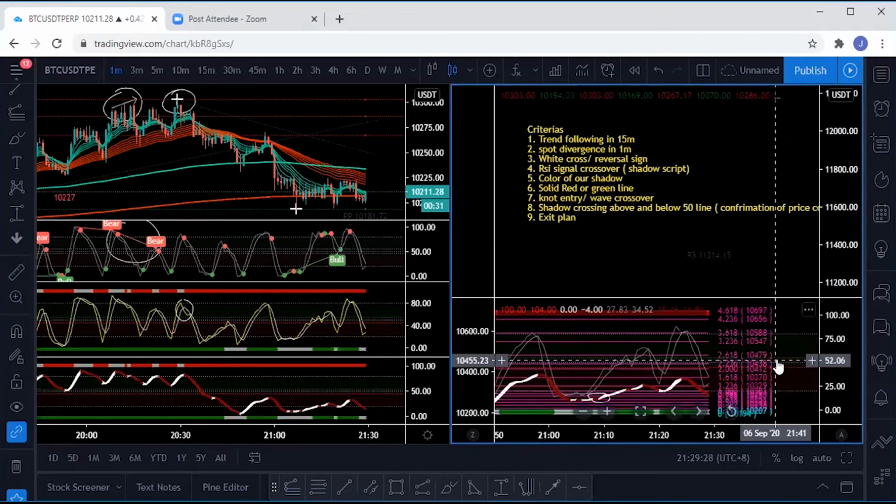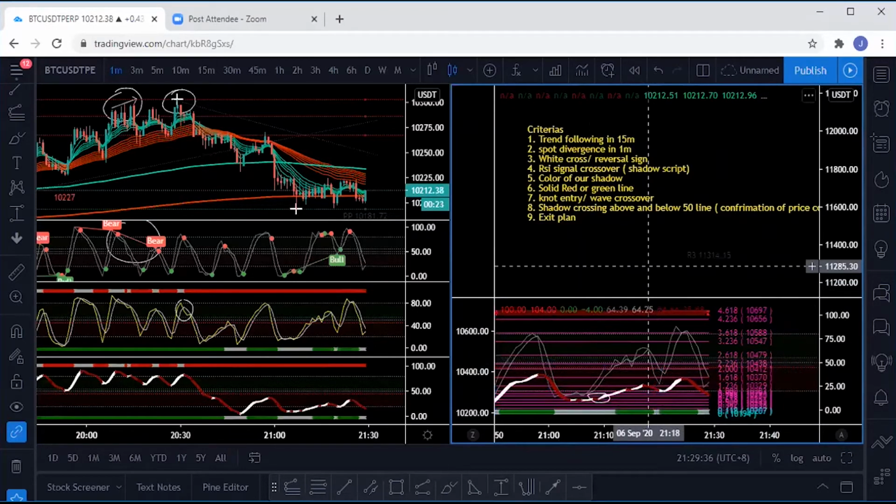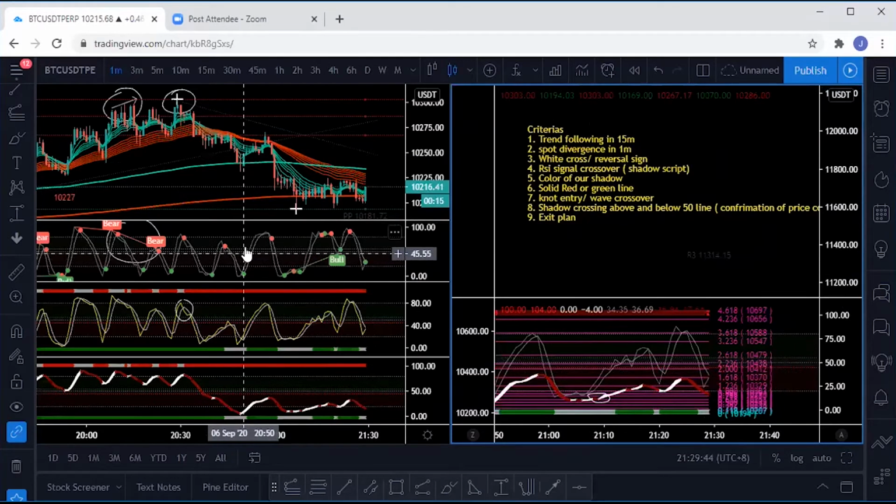For example, there is a bearish divergence in our 15 minutes time frame. So you need to wait for it to be valid, and then you will trade it in our 1 minute.